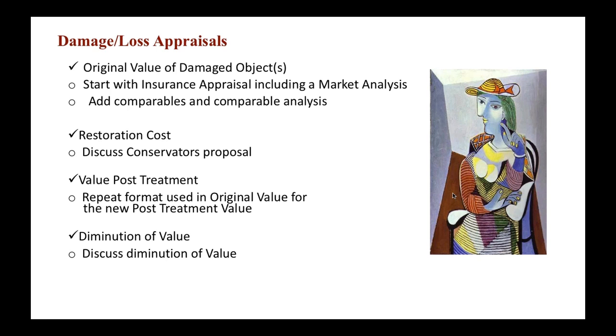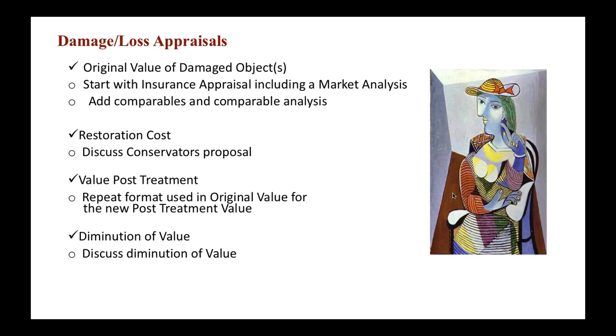That's the agreed upon value stated in the rider on the policy, and the client has agreed to that. But generally, you're starting off with the original value of the item before it was damaged. So you're using the insurance appraisal template for the description of the item, but you are definitely including a market analysis as well, and you're going to use comparables and comparable analysis there.